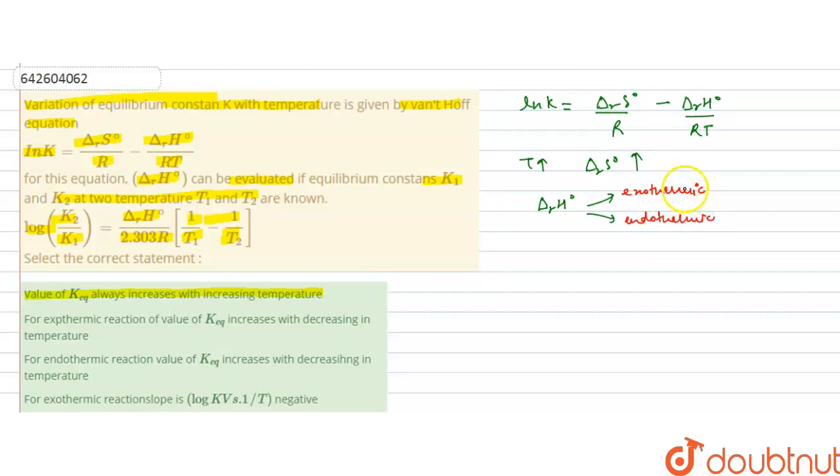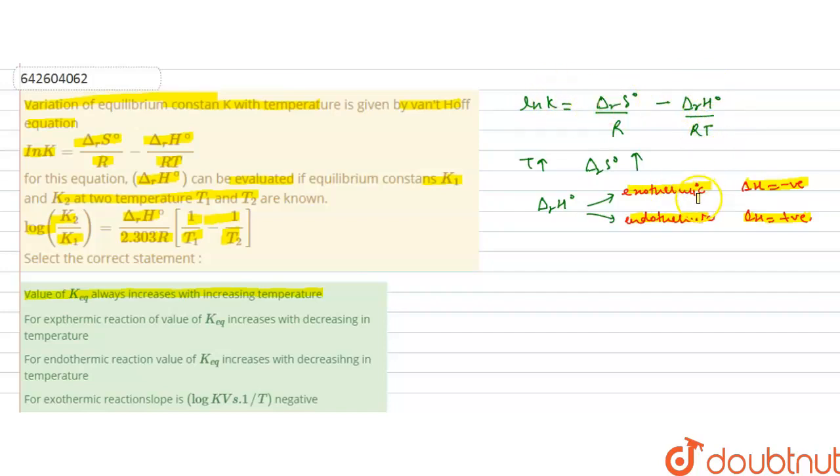If it is exothermic, then ΔH will be negative, and if it is endothermic, ΔH will be positive. So if ΔH is negative, in case of an exothermic reaction, this term will be positive. It means then ln K will increase, or K equilibrium will increase with increase in temperature.